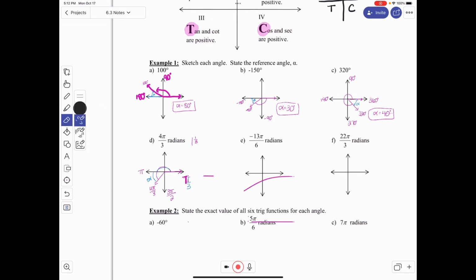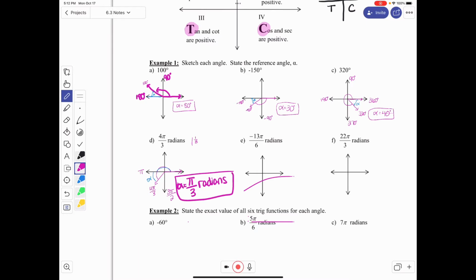Let me erase that. So pi over 3 radians is my alpha, or my reference angle. Oops, I meant to click on the eraser.